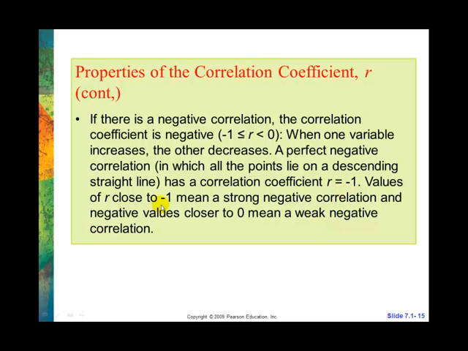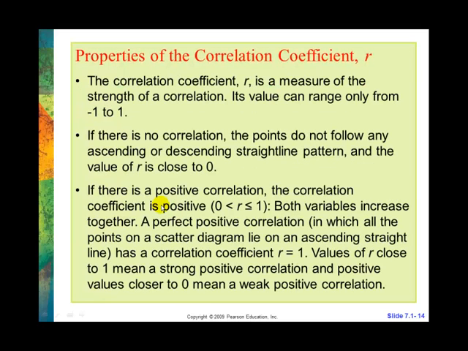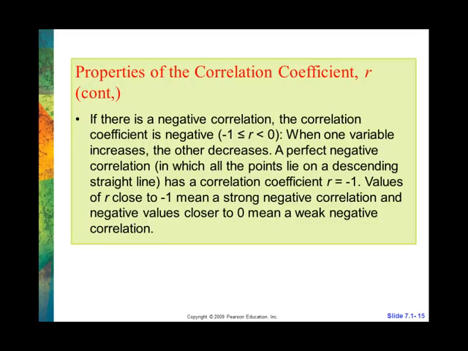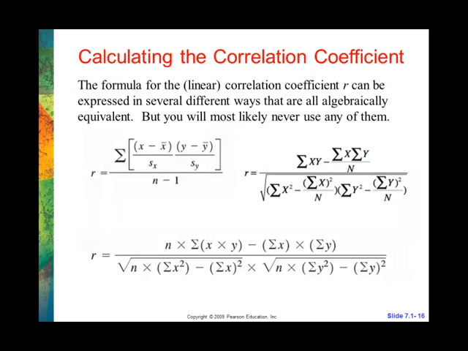R values close to -1 have a strong negative correlation. R values close to +1 have a strong positive correlation. R values close to 0 have a weak correlation. They could be positive or negative, but the closer the value is to 0, the weaker the correlation.